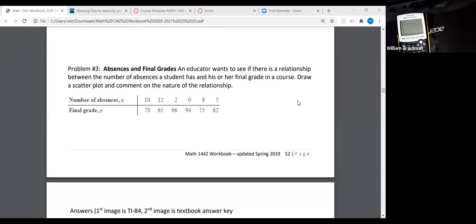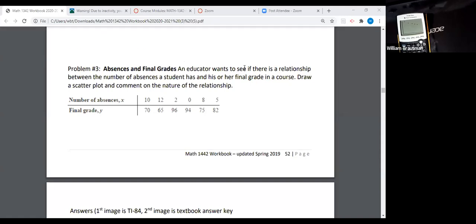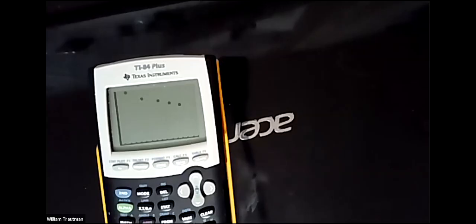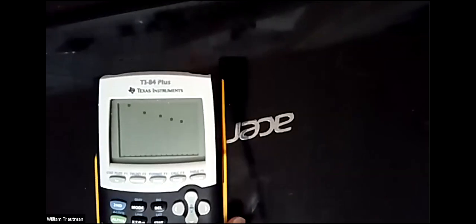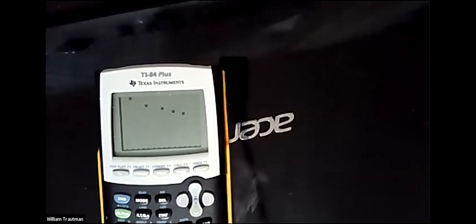Oh, there's something else I wanted to show you. Ooh, this brings up a really good point. You're supposed to have 6 dots on your graph. How come I only have 5?